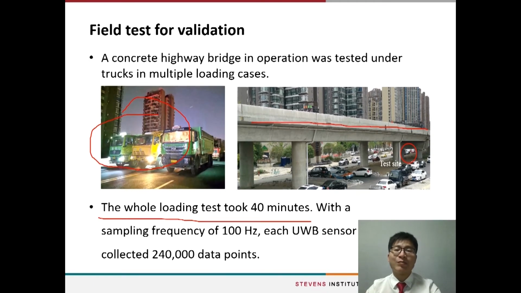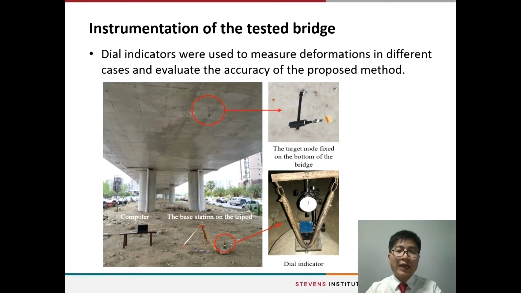With a sampling frequency of 100 Hz, the UWB sensor collected 240,000 data. As we talked, two UWB sensors were used to measure the deflection of the bridge girder.